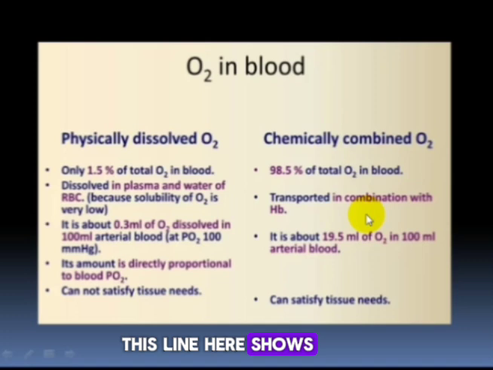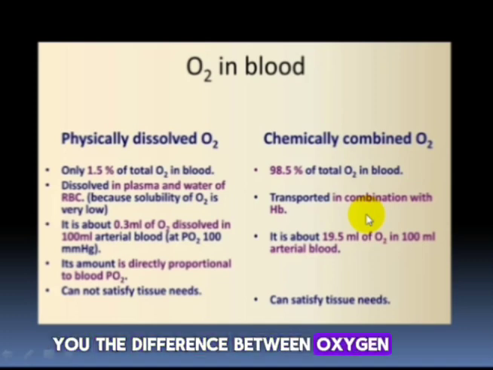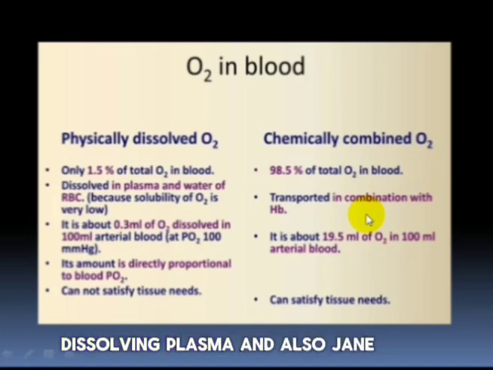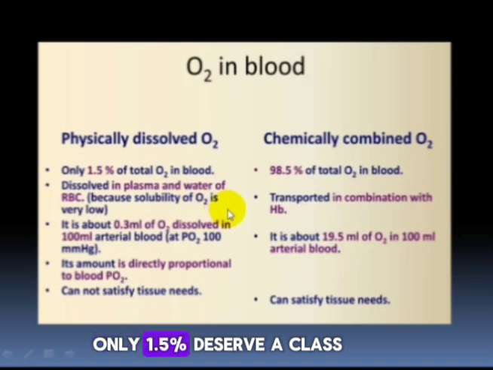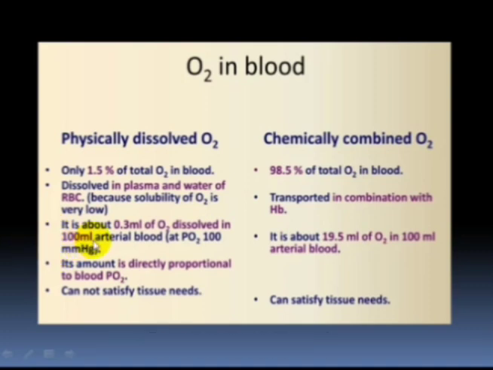The slide here shows you the difference between oxygen dissolved in plasma and oxygen that is bound to hemoglobin. Like I said, only 1.5% is dissolved in plasma and 98% binds with hemoglobin.